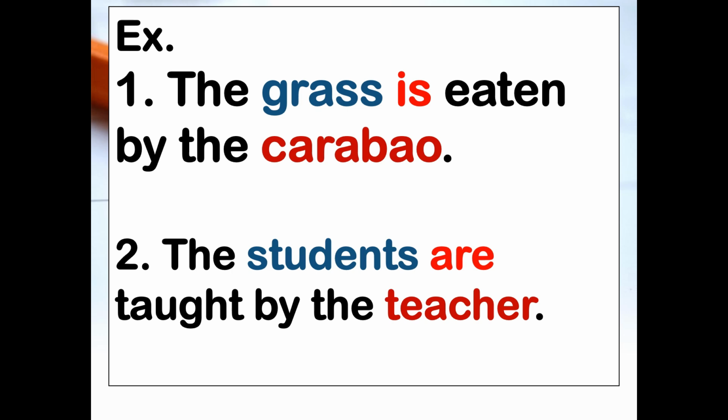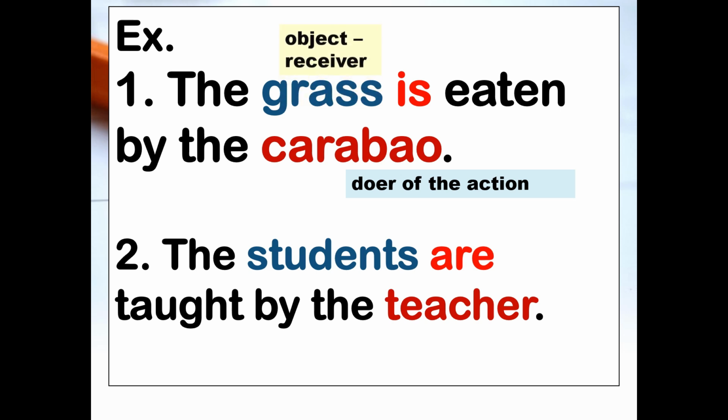So in here we have the grass is eaten by the carabao. So our doer is in the predicate portion of the sentence already. The doer of the action is the carabao. And then the object or the receiver of the action, grass, is now the subject of the sentence.